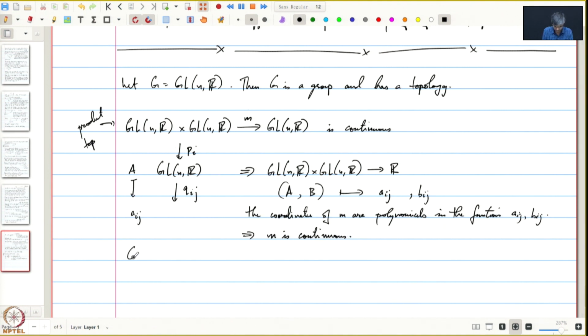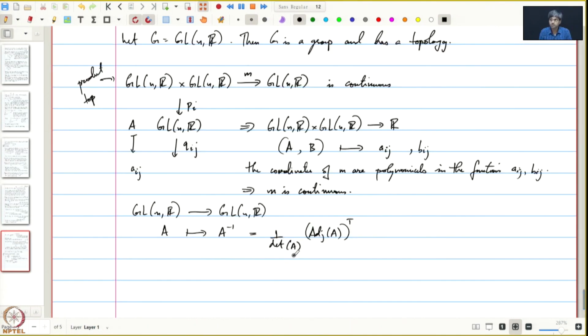Similarly, let's take GL_n(R) and look at the inverse map. A goes to A inverse. We know the inverse is given by this formula, 1 upon determinant of A times adjoint of A transpose. Once again, the determinant does not vanish on GL_n(R).